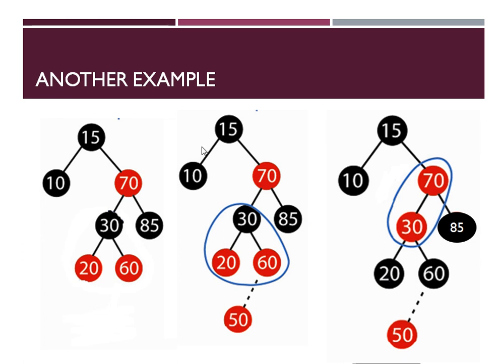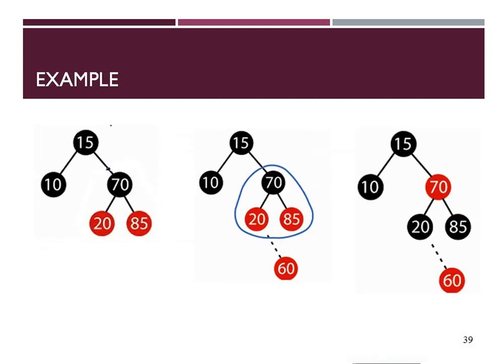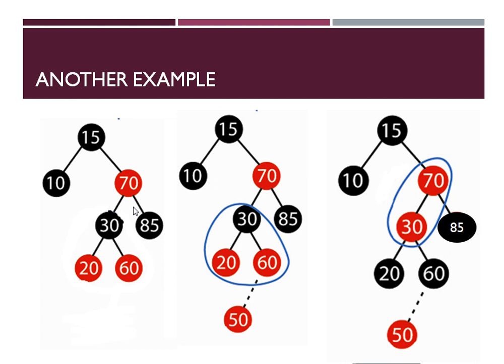And after that you'll have to check the values. Now if you have a new node to be inserted as 30, so 30 being greater than 20, this will be the place for insertion for 30, and then 60 will be to the right side.